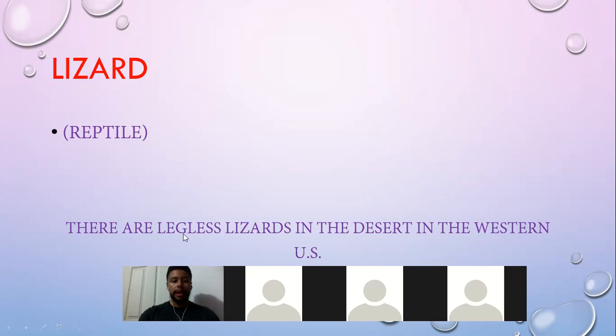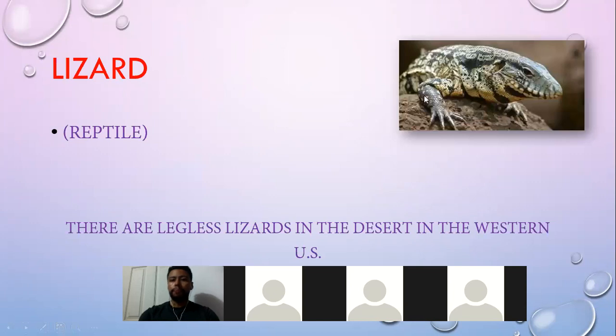Legless means that these animals don't have legs. They look like that. You know, they look something like serious, angry. So be careful with those animals when you see them.